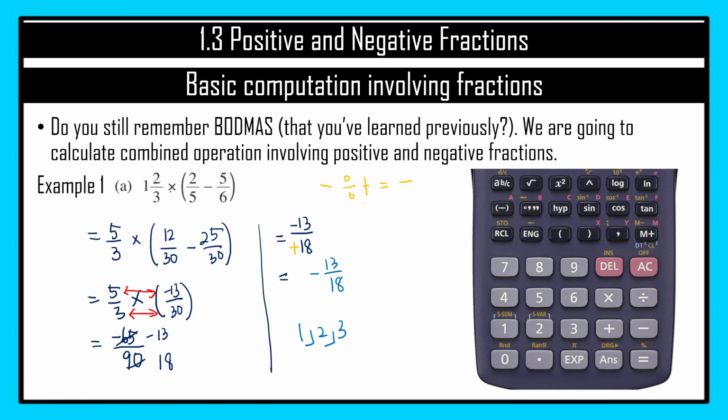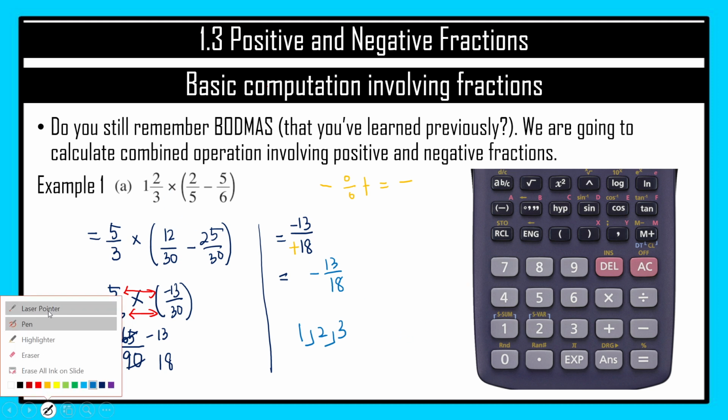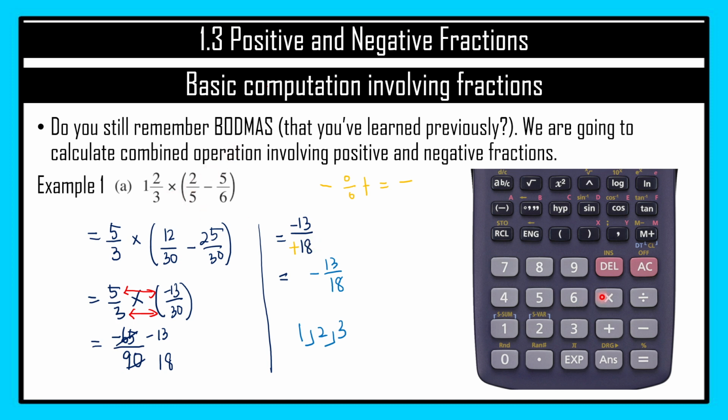And then next you see multiply. So multiply, bracket, and then 2 over 5 minus 5 over 6, and then you close your bracket and then equal.